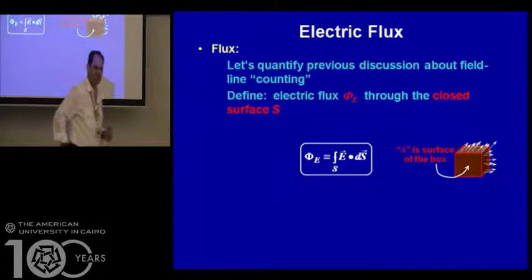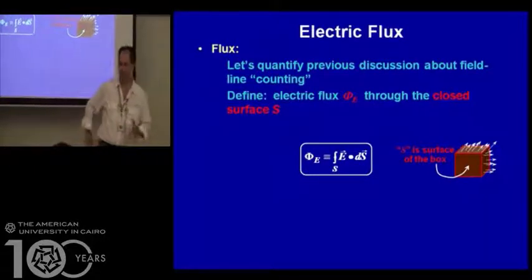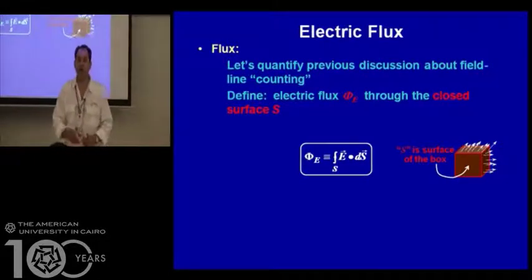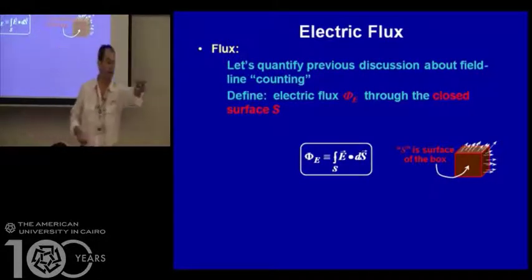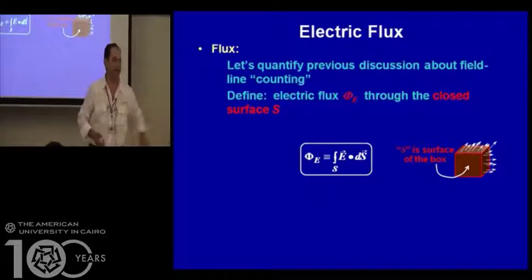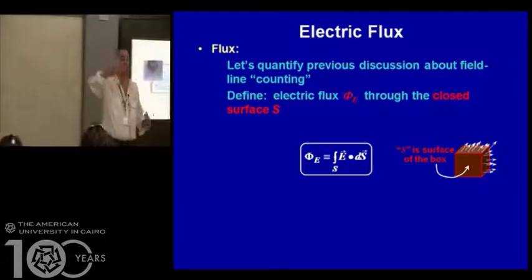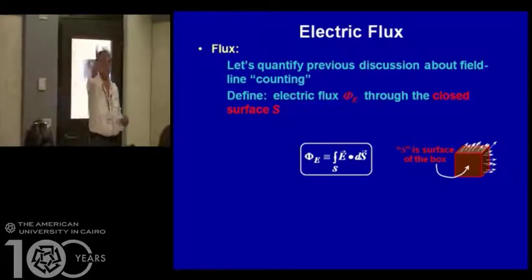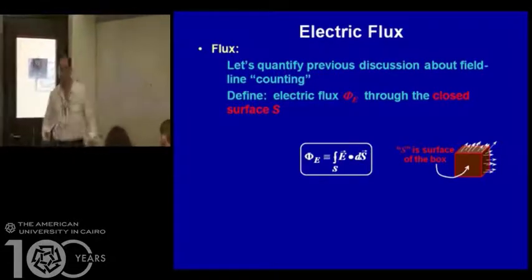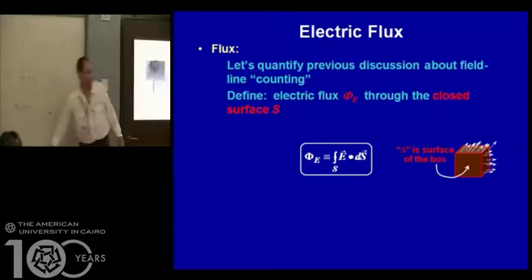Okay, guys, so now we know how to calculate the flux. It's that simple: integration. And if the electric field is constant, that's even better. If the electric field is constant, what happens to that integration?